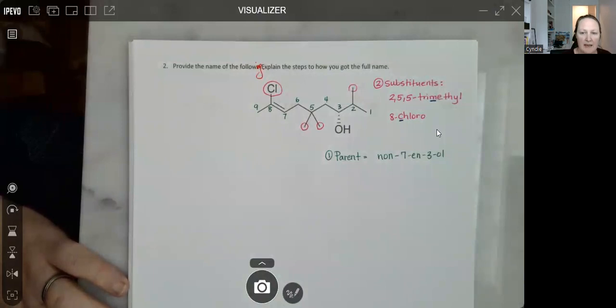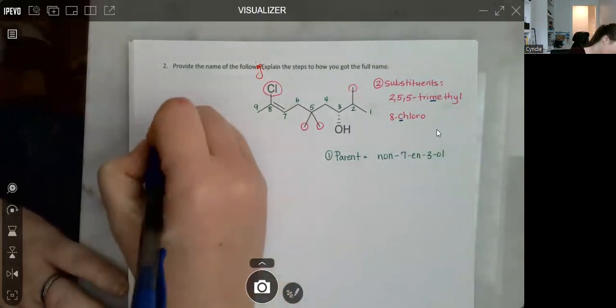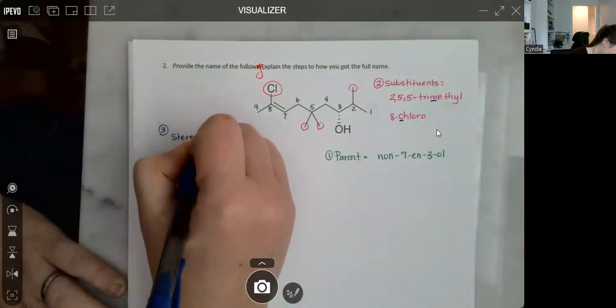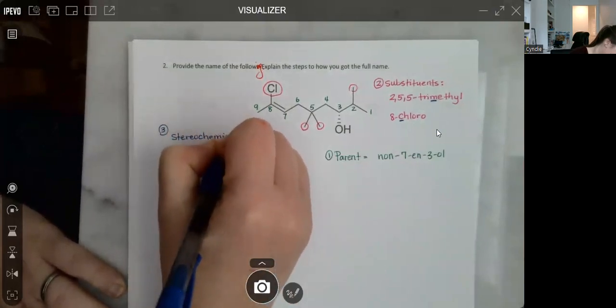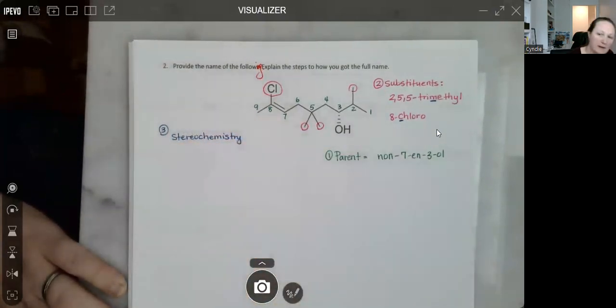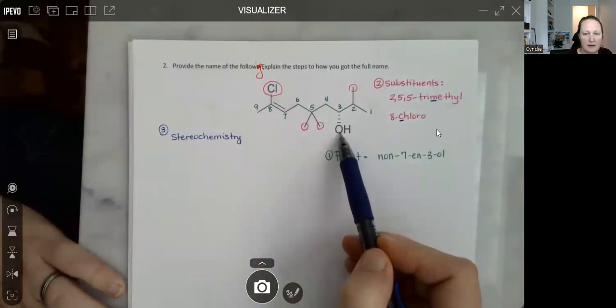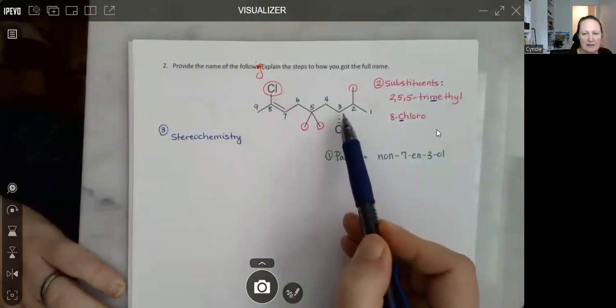And then we'll put in the next step, right, which would be stereochemistry. So I'll go ahead and come over here and let's look at some stereochemistry. So for the chiral carbon, right, we have priority number 1. The hydrogen that's coming out at us is priority number 4, right?